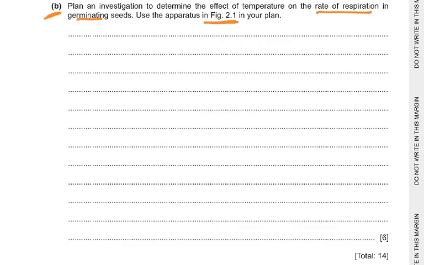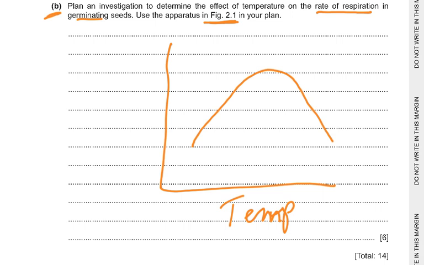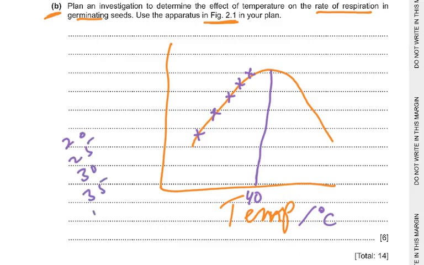decrease. Because you see, in any graph where you have temperature on the x-axis, if it's an enzyme controlled reaction, the graph is going to be like this. So if you took temperatures which were less than the optimum, like you took four or five temperatures which were less than optimum, and say the optimum was 40, so temperature in degrees Celsius, you took only 20, 25, 30, 35, and 40.